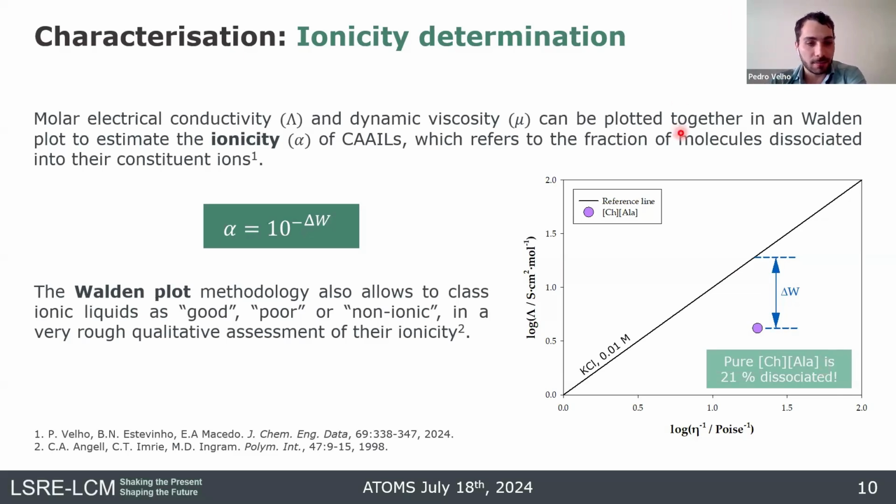The Walden plot methodology also allows us to class ionic liquids as good, poor, or non-ionic, but this is a very rough qualitative assessment of their ionicity. So I advise you to just stay with the quantitative part of it and not the qualitative evaluation.